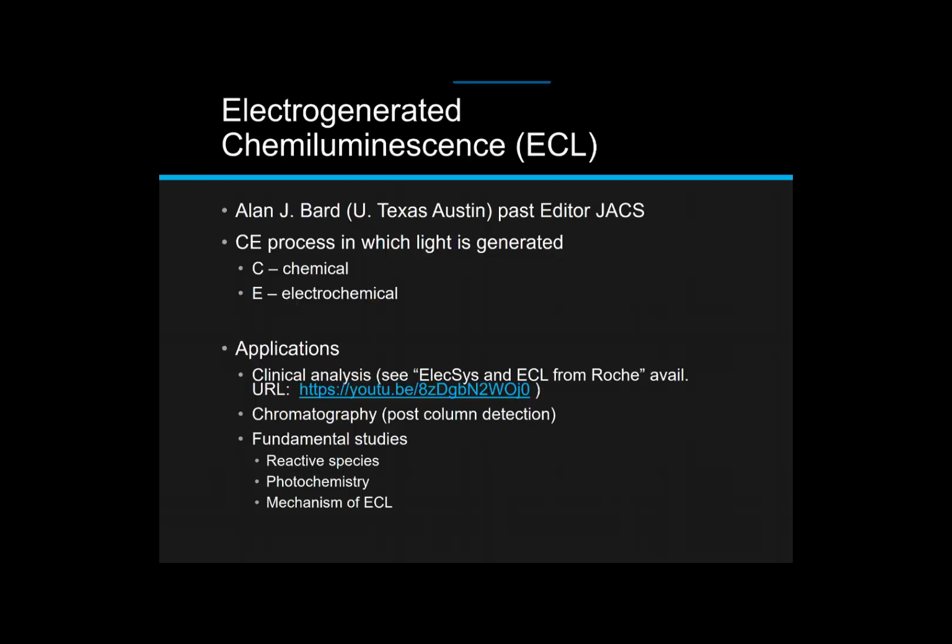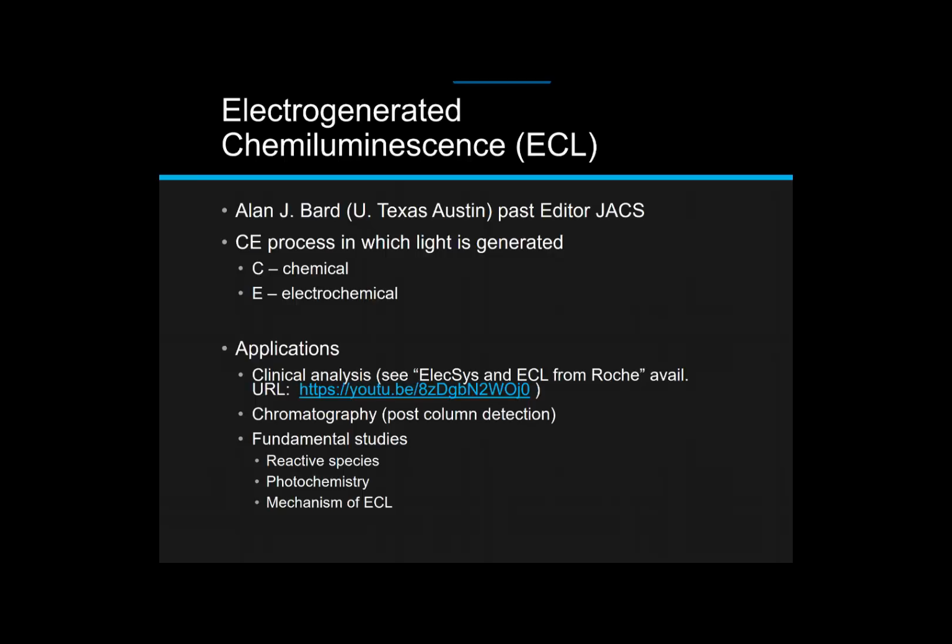In ECL, light is generated through a chemical and an electrochemical process. And as I show you a couple slides later, there are a number of companies today offering analyzers for a number of important problems based on ECL technology.